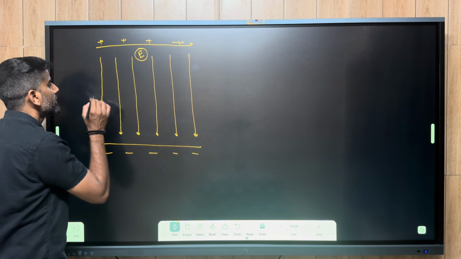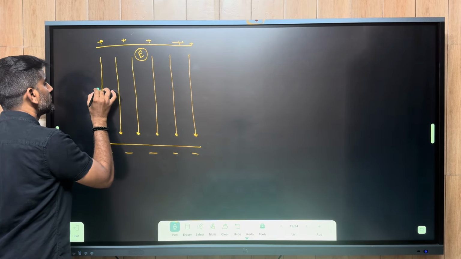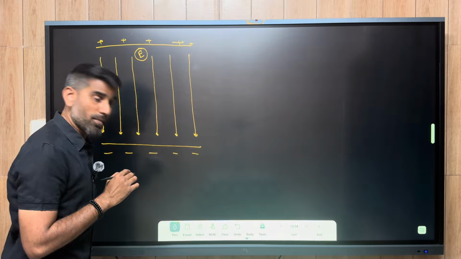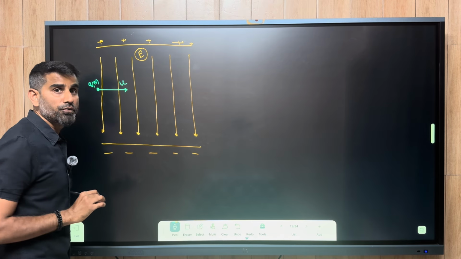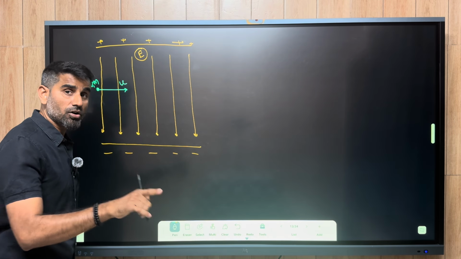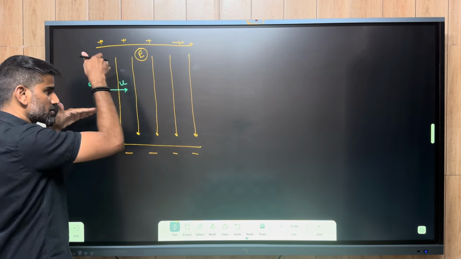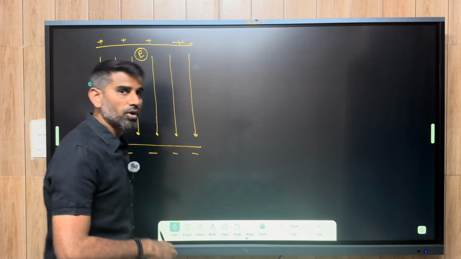I have shot the charged particle of charge q and mass m with velocity u in the horizontal direction, which is perpendicular to the field. Field is in the downward direction, but perpendicular to the field I have provided the initial velocity.